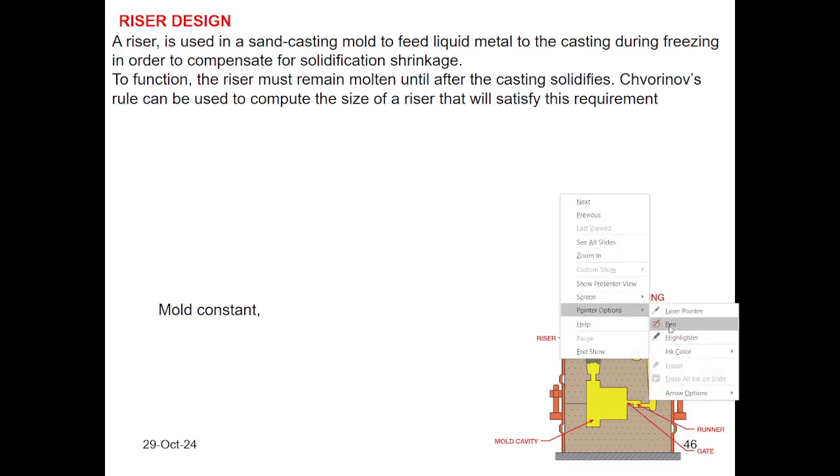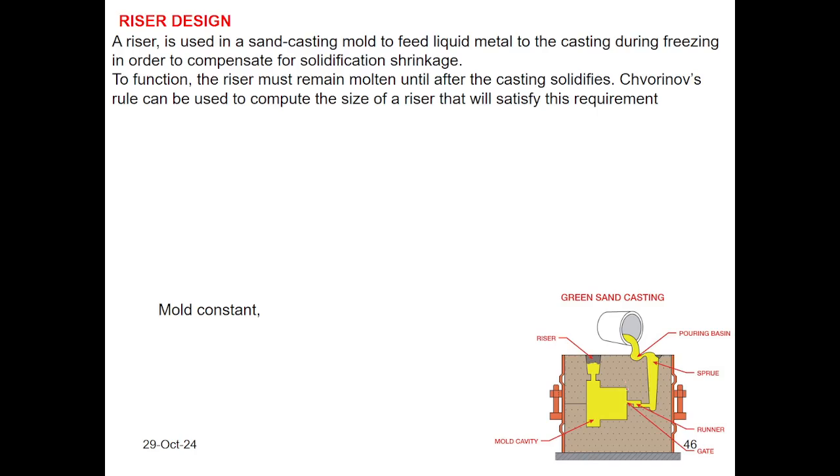To be able to continuously supply molten metal into the cast cavity, here in this example, this is the cavity for having the casting in the end, and this is the riser.